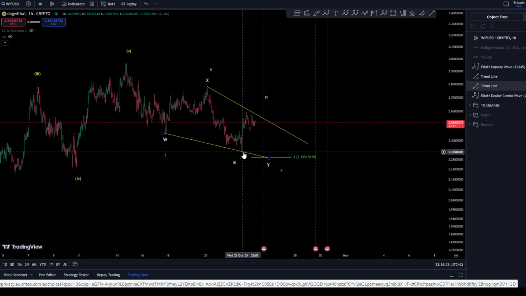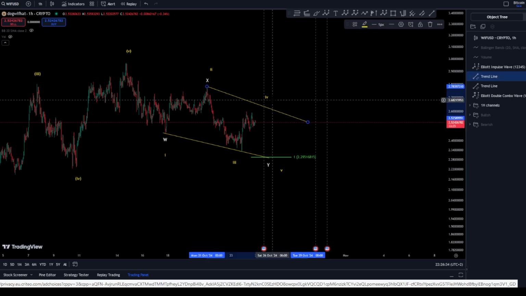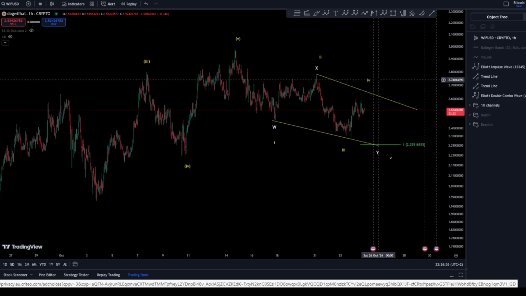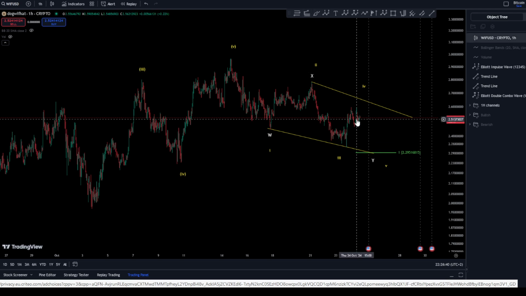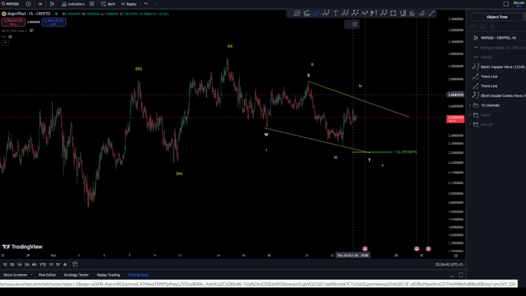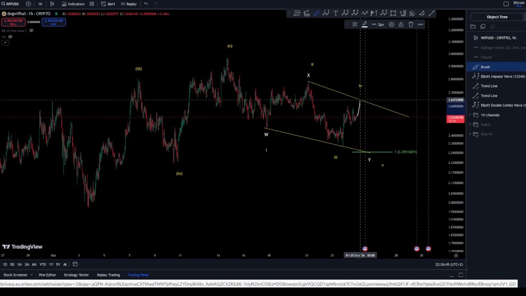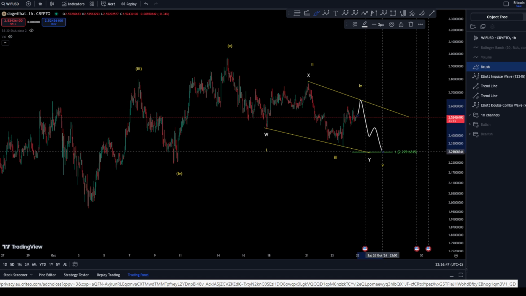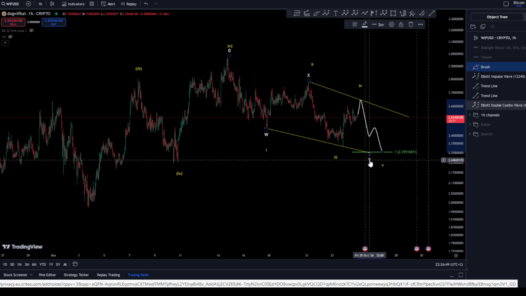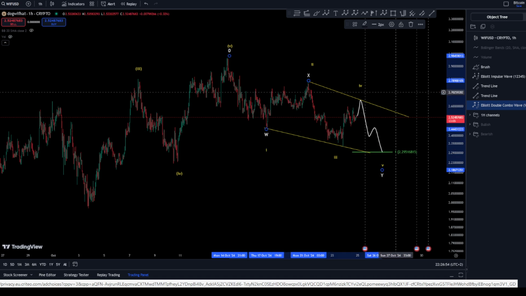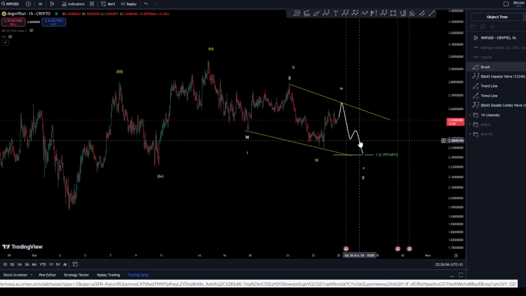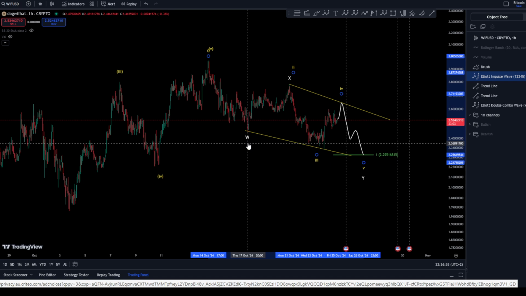However, this is not finished yet as wave 4, and it might be an indication for you guys that if we get one more leg towards the upside for the wave 4, and you see one more wave as a zigzag towards the downside, then this might be a contracting diagonal. So as you can see, there are several patterns here that might unfold.